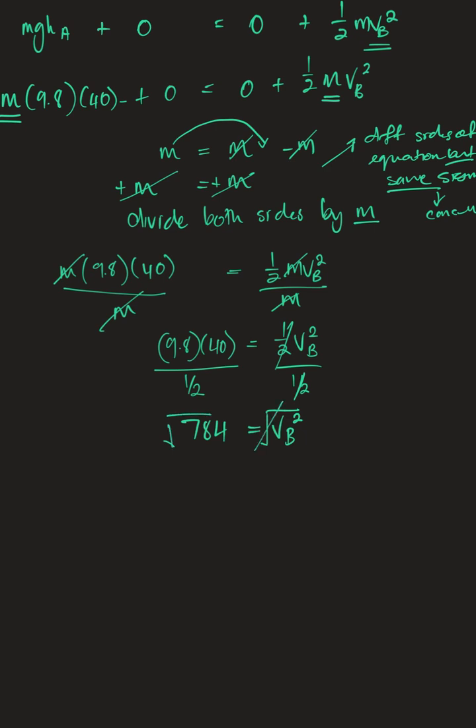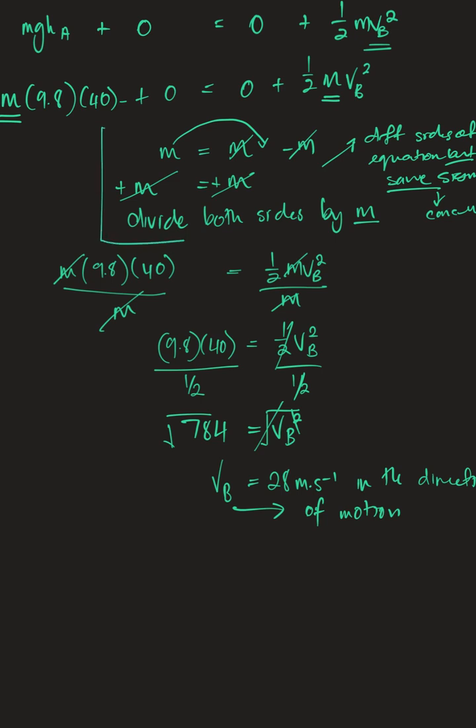This square root is going to cancel out that sign. So I'm left with VB is equal to 784 square rooted is equal to 28 meters per second in the direction of motion. And that's how I would get that type of an answer.